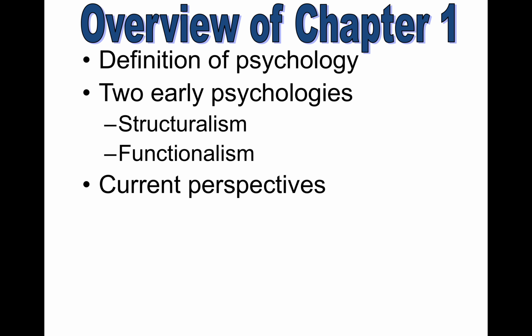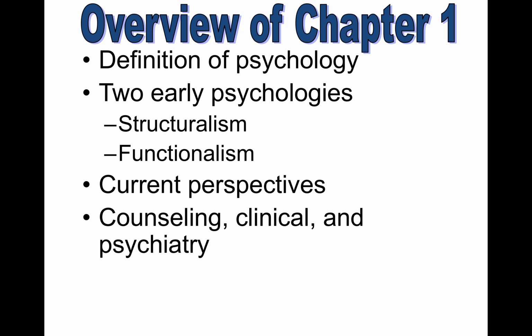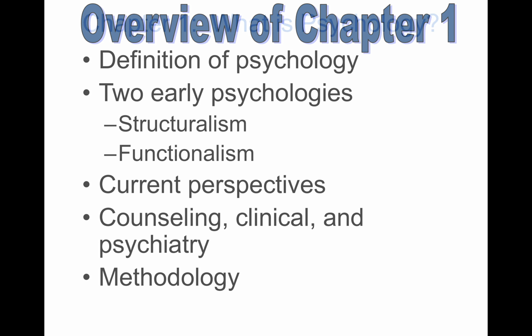We'll move into a more modern take on psychology by looking at current perspectives in the field. And then we'll make a distinction between one specific area of psychology, the area that deals with counseling and clinical psychology, and we'll differentiate those two fields from each other and from psychiatry. And finally, methodology is covered in a separate module for you, so be sure and look that over.